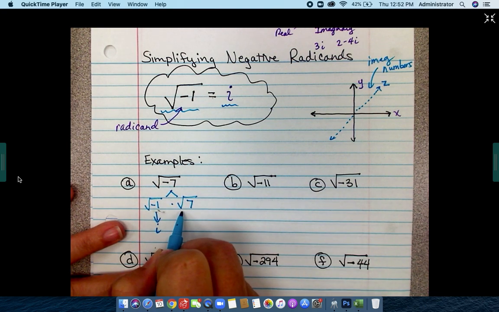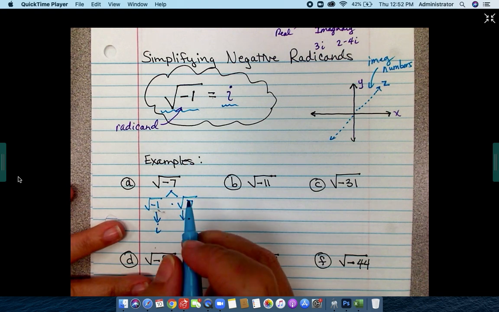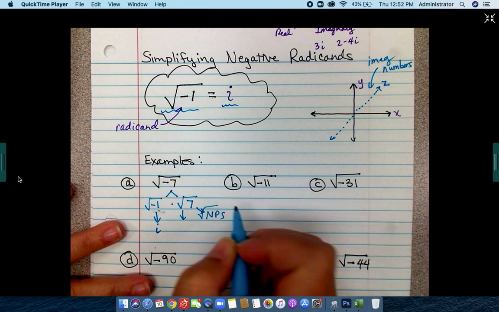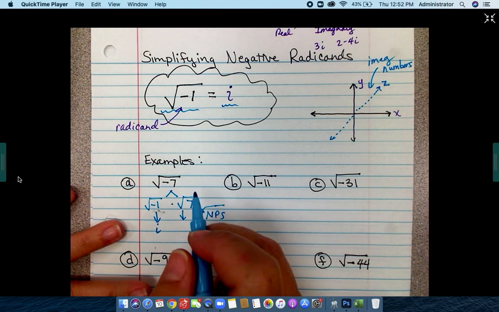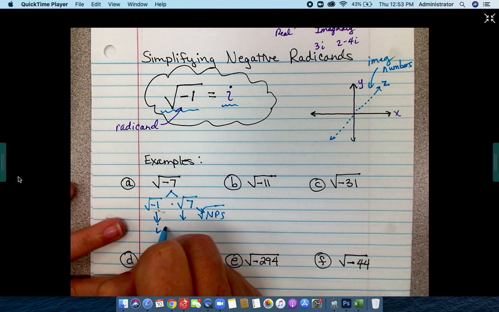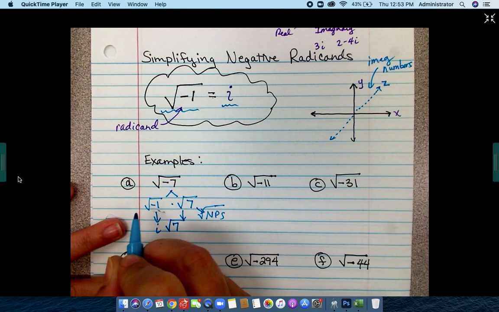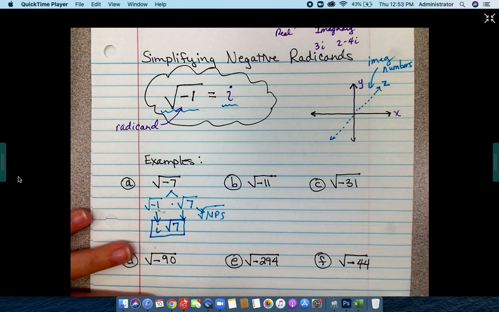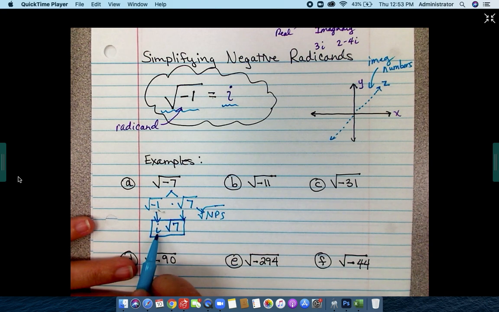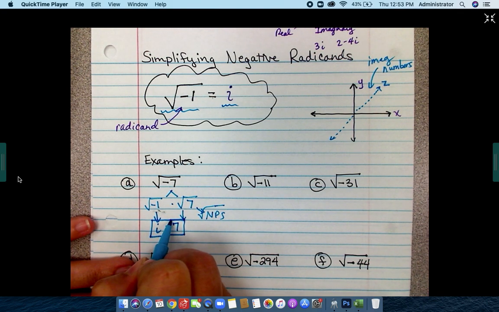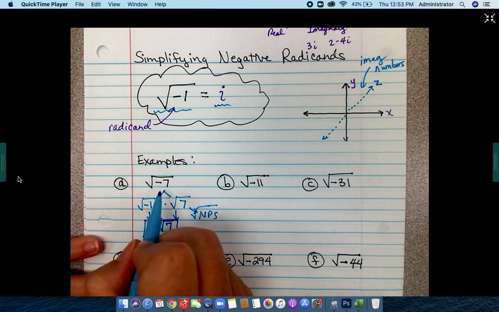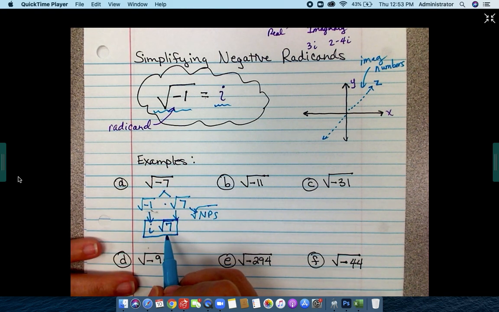The square root of 7 is an irrational square root of a non-perfect square, which means we can't simplify it any further in this case, so we simply bring it down. And we leave our answer as i square root of 7. Always put the i in front so that it doesn't accidentally get interpreted as being behind the 7 and underneath the radical. 7 is a prime number, so we're not going to be able to simplify it any further.